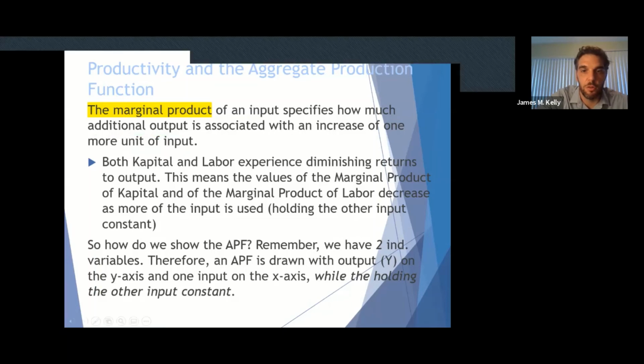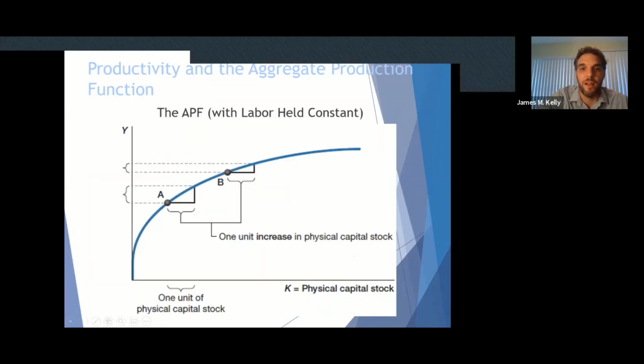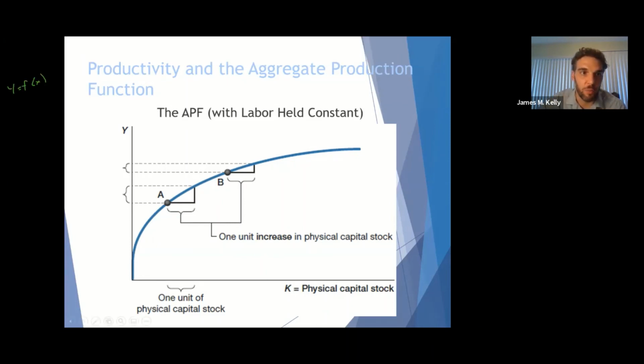Okay, so let's see what the shape of our aggregate production function is. Now, again, remember that because we have two independent variables, usually we just have y as a function of x. Well, now we have y as a function of two variables, let's say x1 and x2. Now y, accounting for technology, is a function of these two variables, where x1 and x2 are just labor and capital.